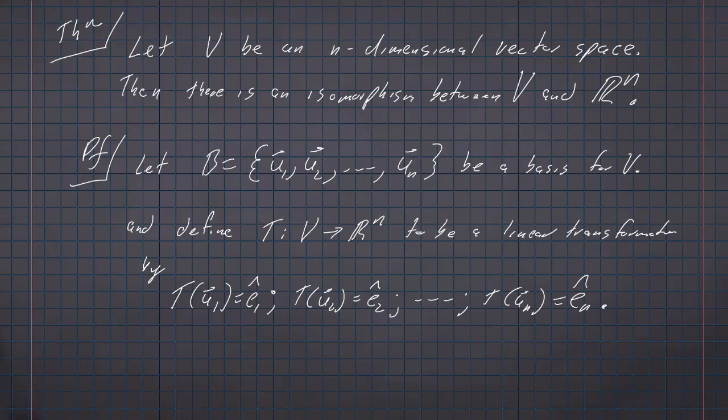The natural transformation, we'll call this T, takes each of those basis vectors and turns it into a Euclidean unit vector: e1, which is 1, 0, 0, down through all the zeros, then 0, 1, 0, lots more zeros, all the way down to 0, 0, lots of zeros, ends in 1.